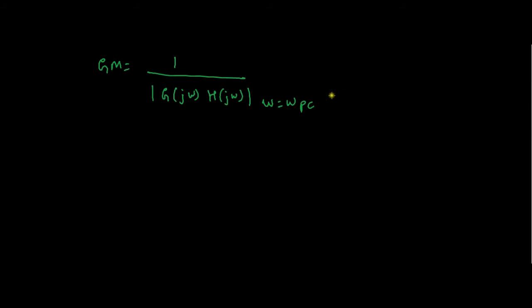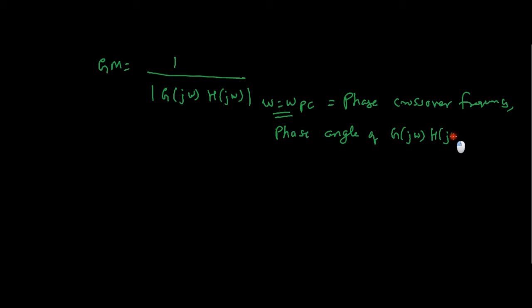This omega pc is called the phase crossover frequency, that is, the frequency at which the phase angle of G of j omega and H of j omega is minus 180 degrees. So in this way we can write the gain margin.